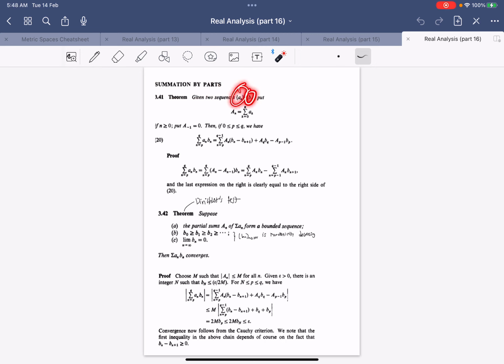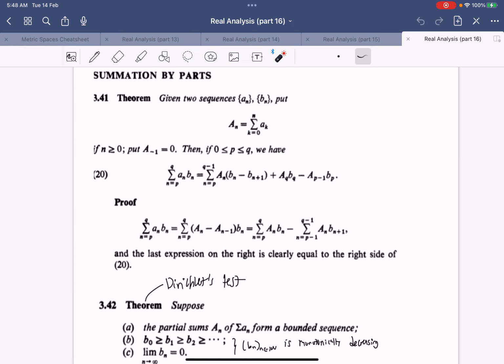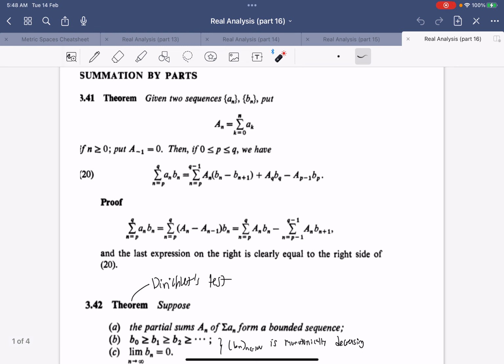And so you're given two sequences, and you know the series of A_k, the partial sum you label as capital A_n. Then the series of the convolution of p to q will equal this new series plus A_q B_q minus A_{p-1} B_p.